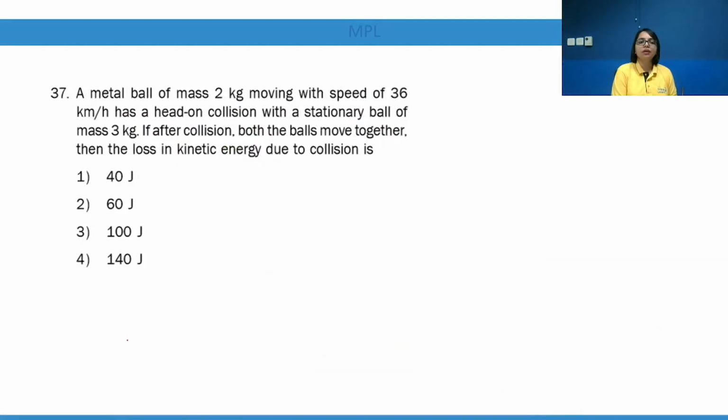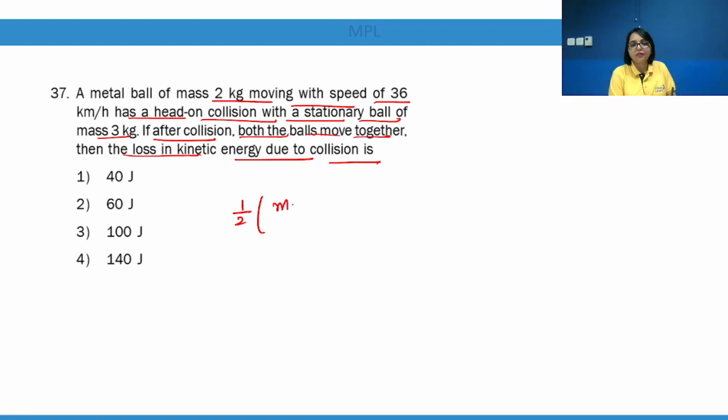Question number 37. A metal ball of mass 2 kg moving with the speed of 36 km per hour has a head-on elastic collision with a stationary ball of mass 3 kg. If after collision both the balls move together, then the loss in kinetic energy due to collision is. So the loss in kinetic energy due to collision is given by half m1 m2 divided by m1 plus m2 into u1 minus u2 whole square. u1 is 36 kilometer per hour.